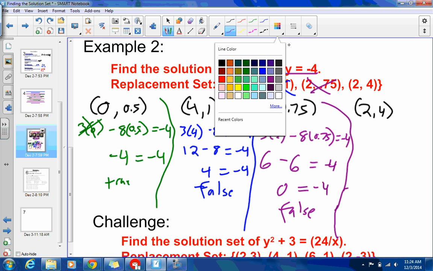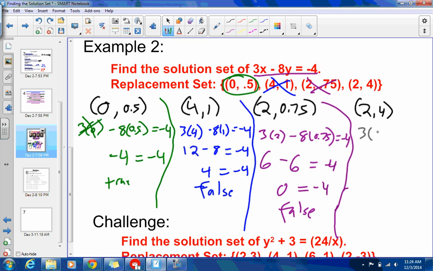And then last, we'll use gray. All right, 2, 4. We're plugging 2 in for the x, minus 8 times the y, which is 4, equals negative 4.